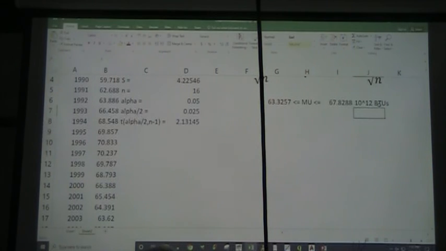All right, there you go. So 63.325 or 326 trillions of BTUs is less than mu is less than 67.829 trillions of BTUs.